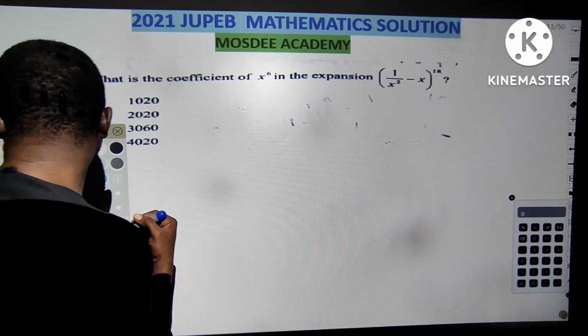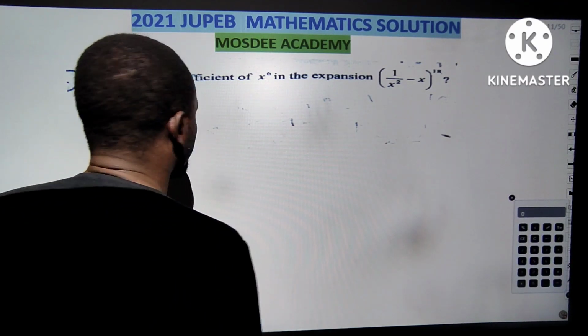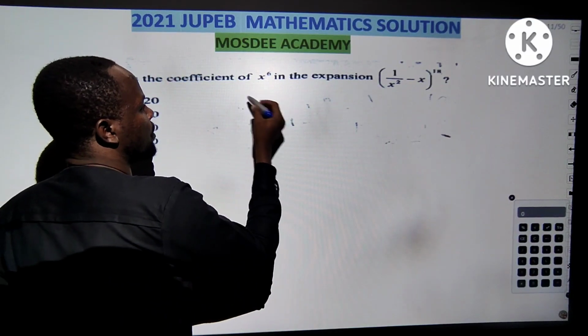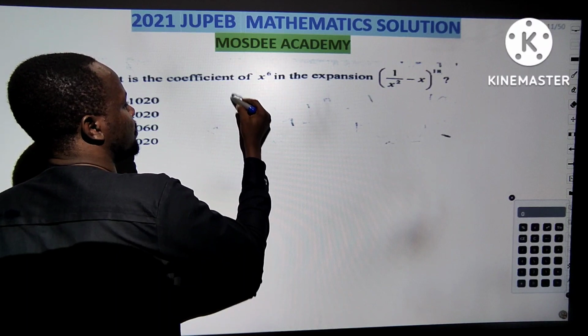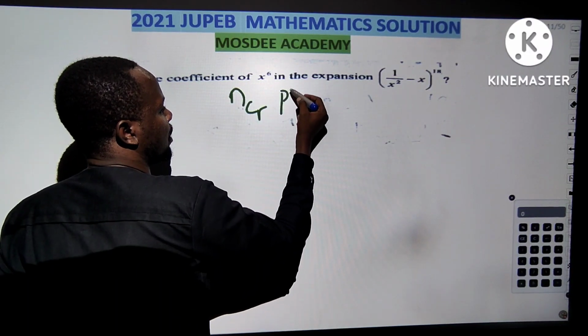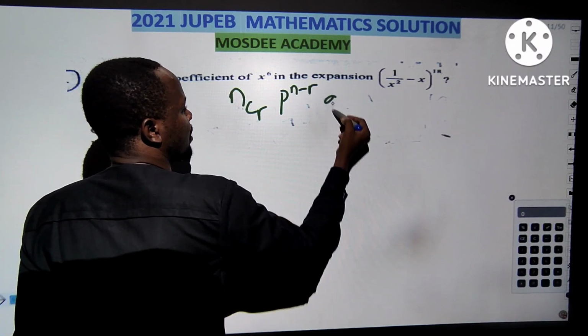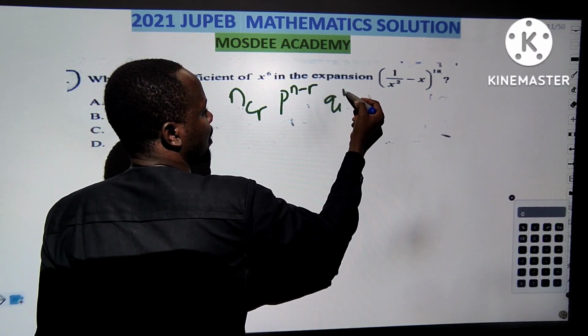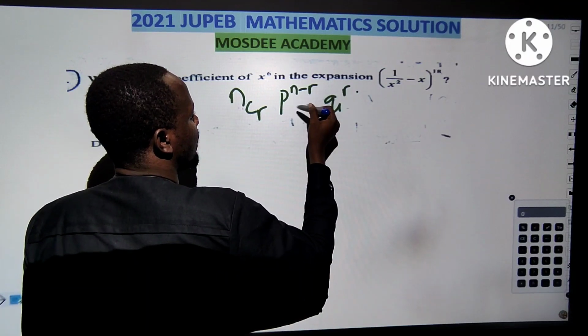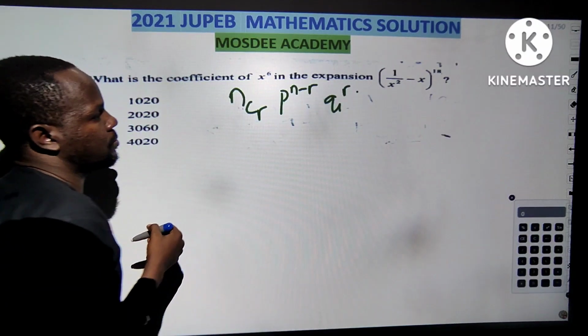So bringing back the knowledge of combinatorics, from the combinatoric formula we have n combination r equals p raised to power n minus r, then q raised to power r.